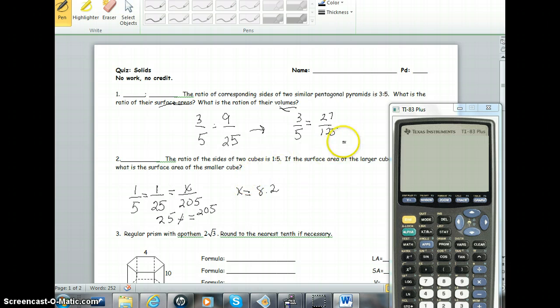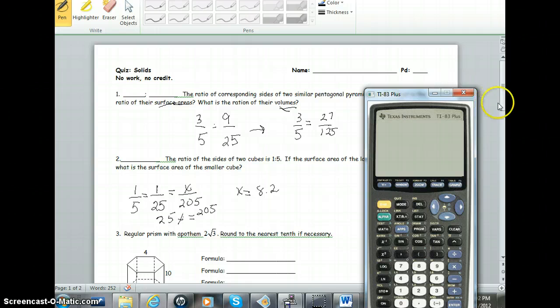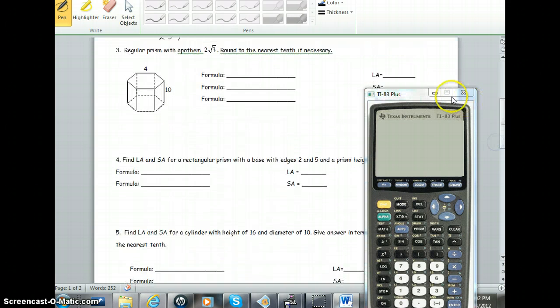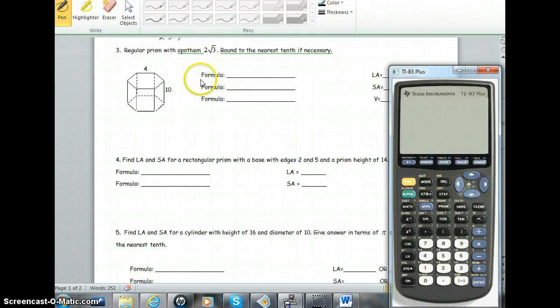Okay. Now we're going on to the next problem, number 3. It's saying a regular prism with a base side of 2 root 3.